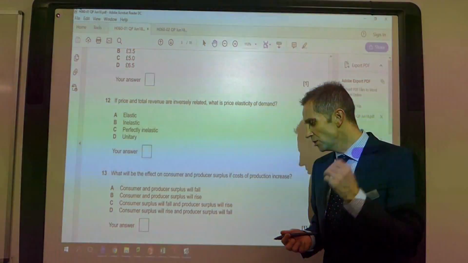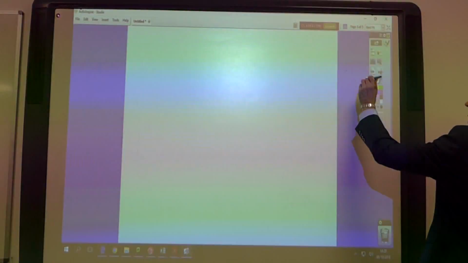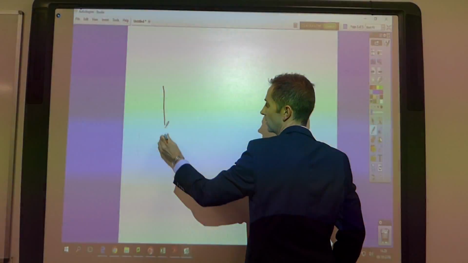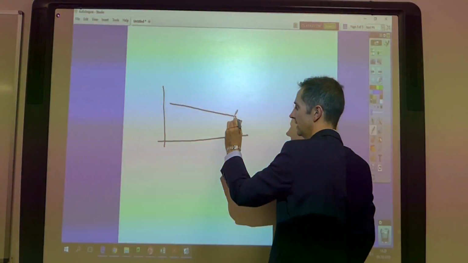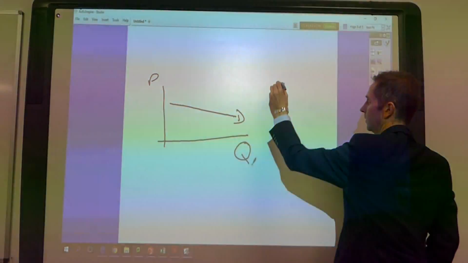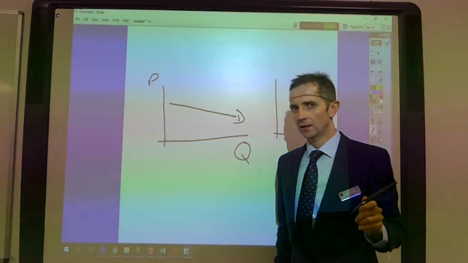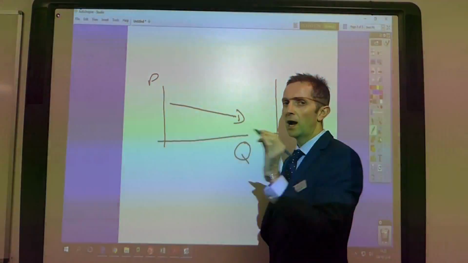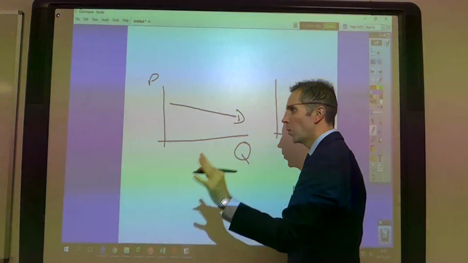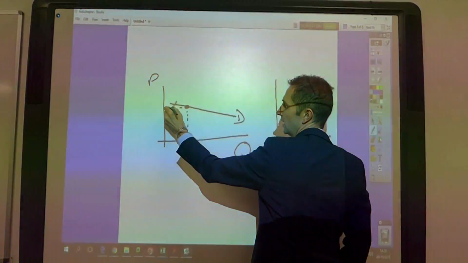So in this instance, you need to have in your mind the PED diagrams, which I shall just draw for you to remind you. So we could either have a PED which is elastic, like this, or inelastic, like this. So, let's see what happens and whether or not price and revenue are inversely related whenever price changes in an elastic market.